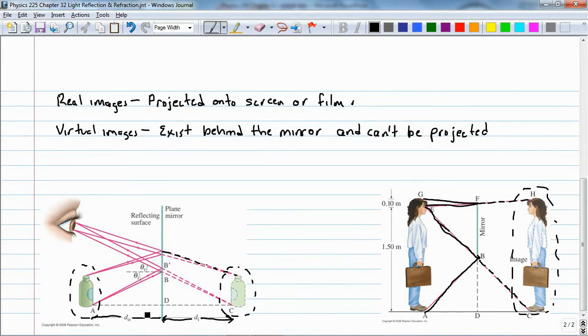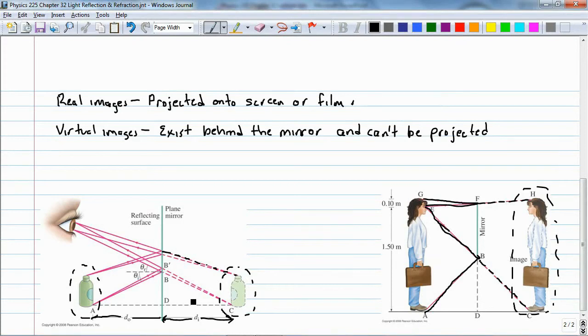But this is the customary way of defining our distance to the object and distance to the image. And we'll find these definitions will change based on some of the different problems that we do. So we'll have to keep track of these definitions. And the definitions will be the direction that we consider the object distance or the image distance to be positive, and then we can work with negative numbers and understand what those mean.